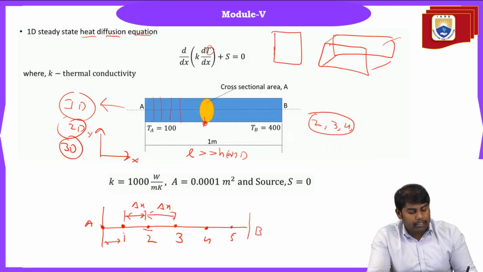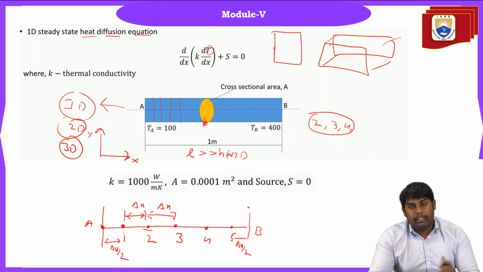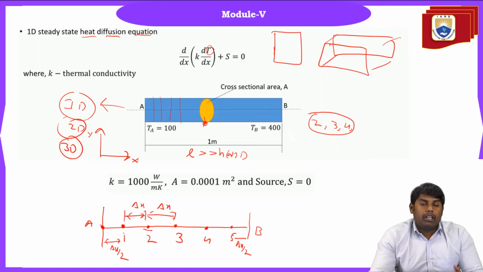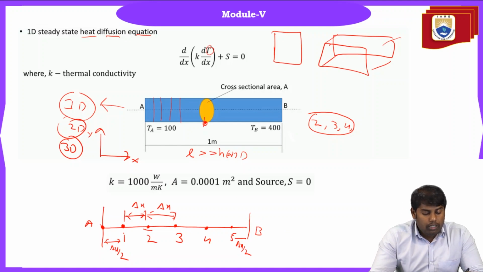Let us take this as our delta x by 2 spacing, and here also we have delta x by 2. Here we have only the wall, so we need to apply the wall boundary condition. For the right side, at the left-hand side you have the wall, and for the right-hand side you have B, which is a wall, which acts as a boundary condition that is stationary.